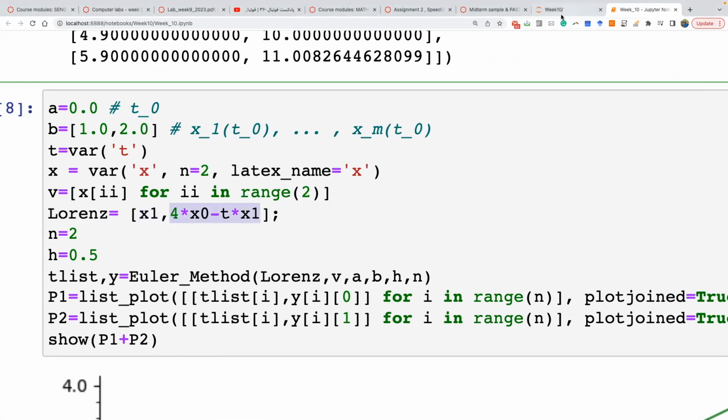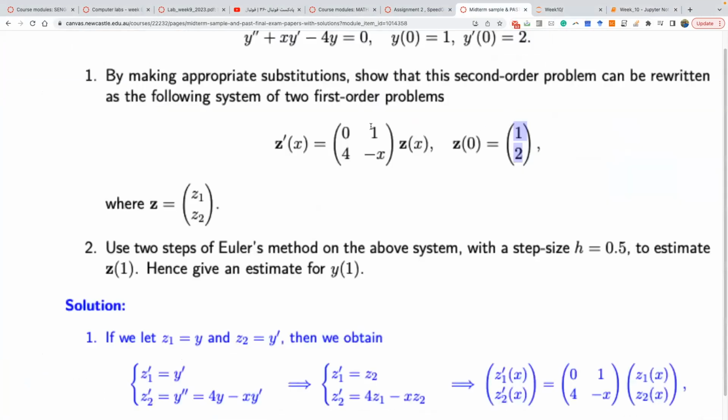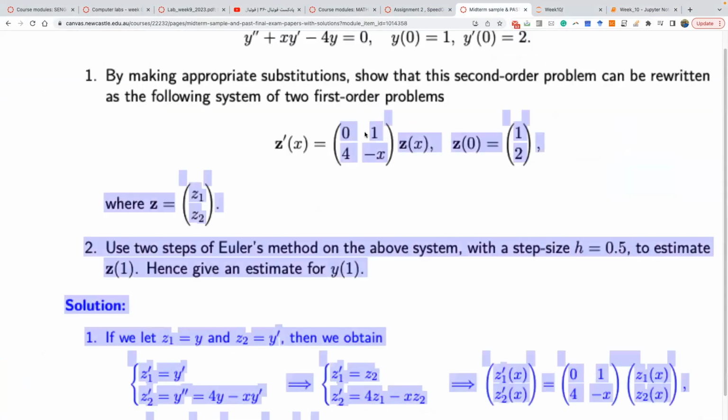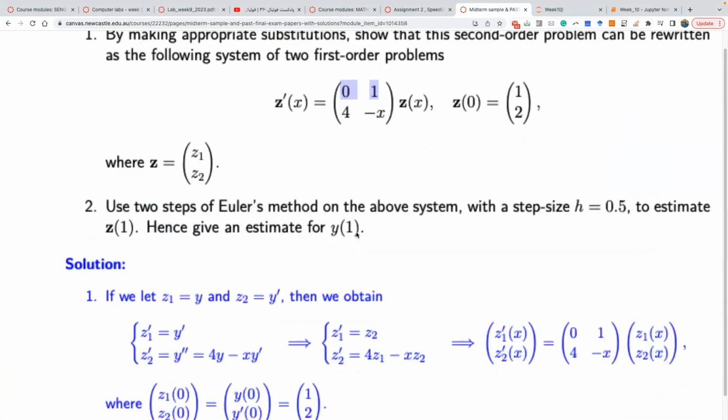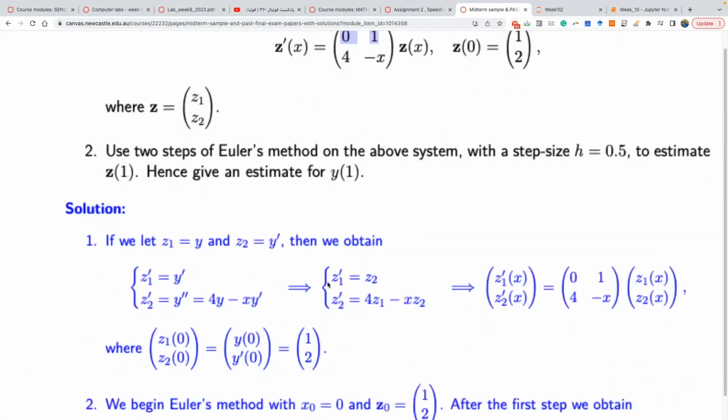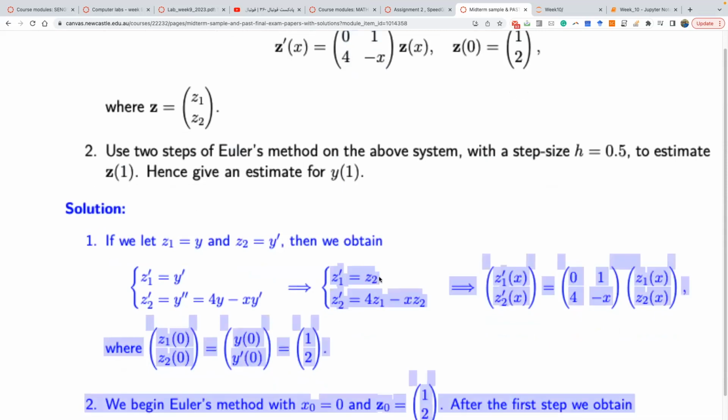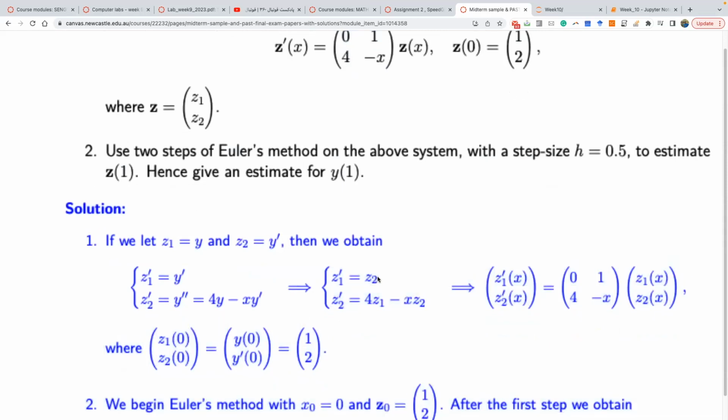So let's see here again. It is this guy, or this guy here. Z1 prime is equal to the second dependent variable, Z2 or Y. Z2 prime is 4 times the first one minus X times the second one.